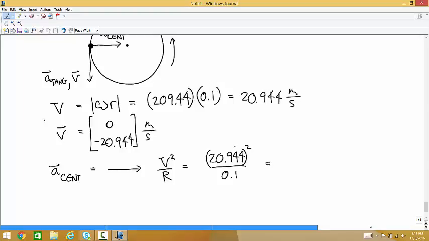Can someone multiply that? 4386.5. And that's meters per second squared to the right, and that's in the positive x direction, so 4386.5 for x, 0 for y.